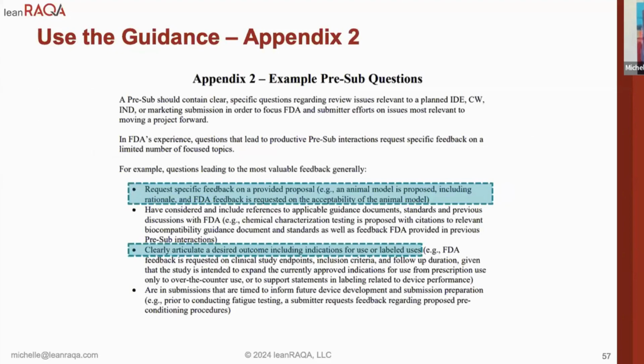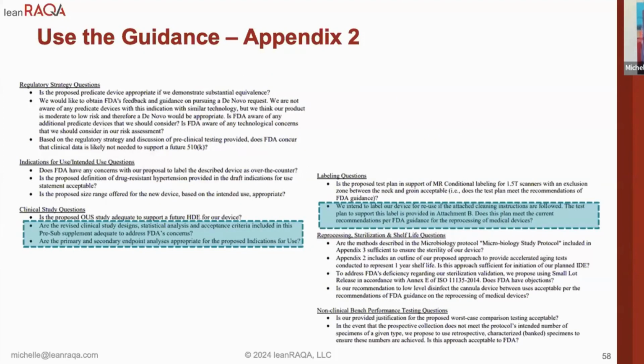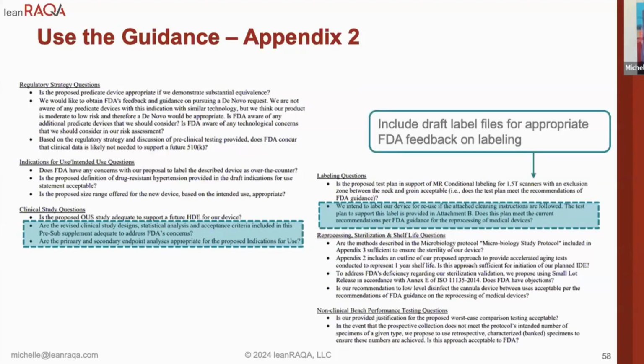This is really important to know. There is an FDA guidance document on Q-Subs, and in it, Appendix 2 talks about example PreSub questions, and these are concepts that are going to lead to the most valuable feedback from the agency. So it gives you a structure of how to structure your PreSub.